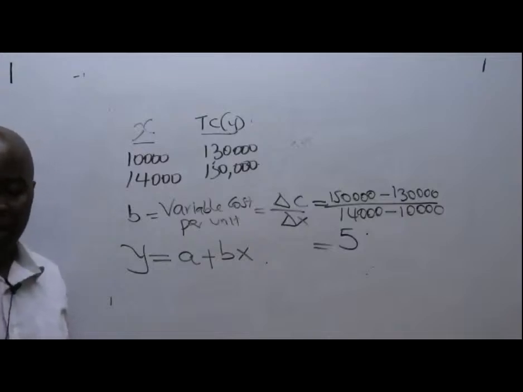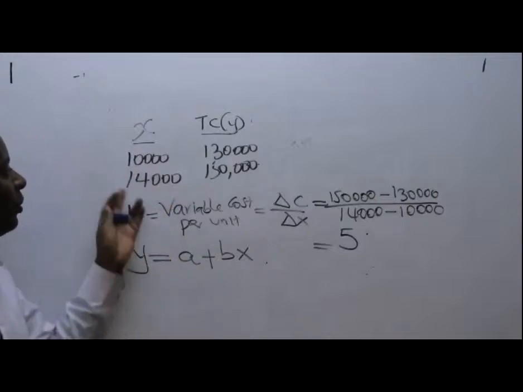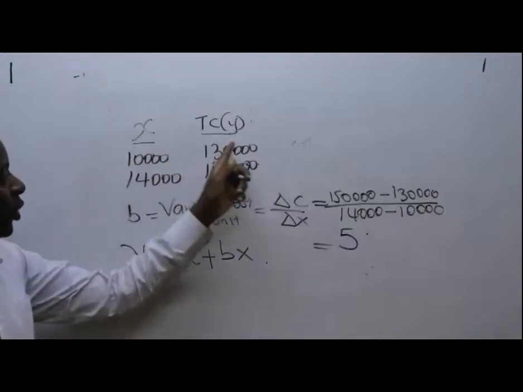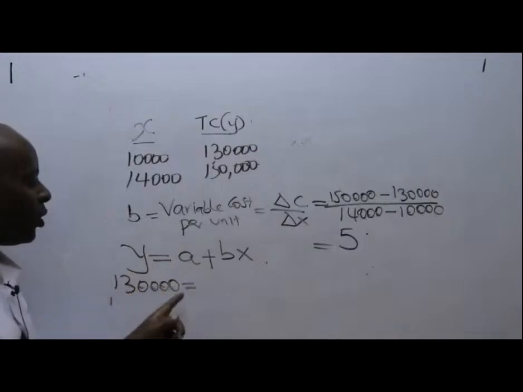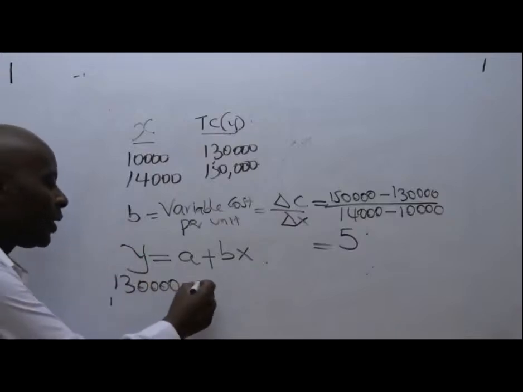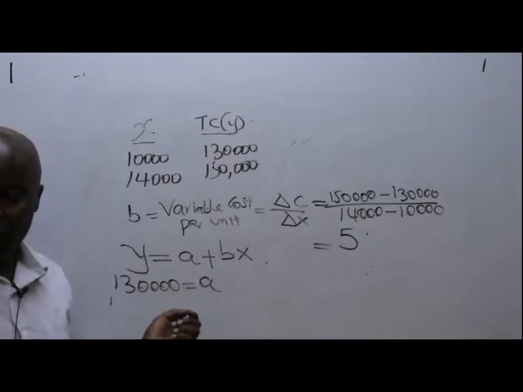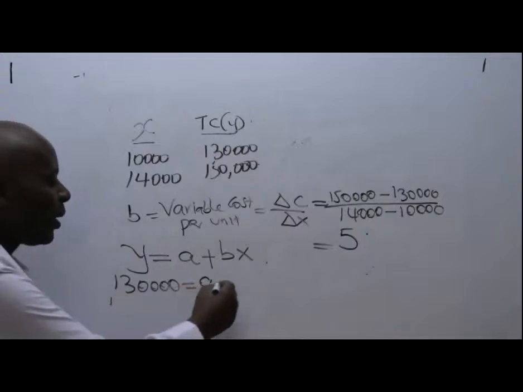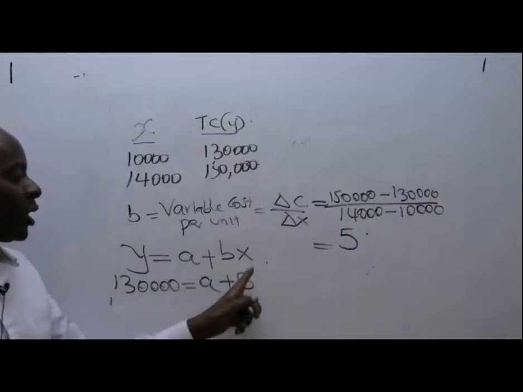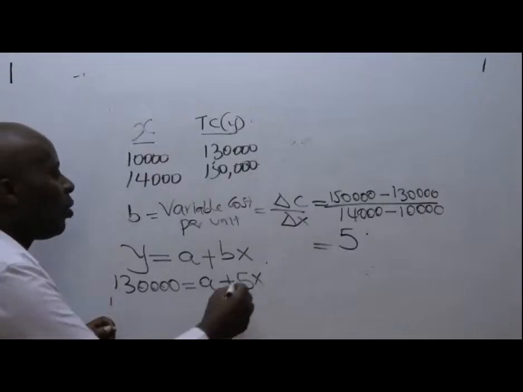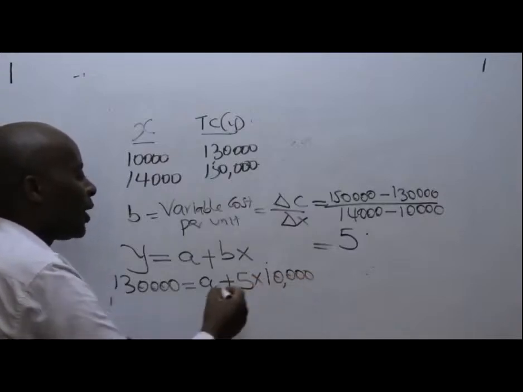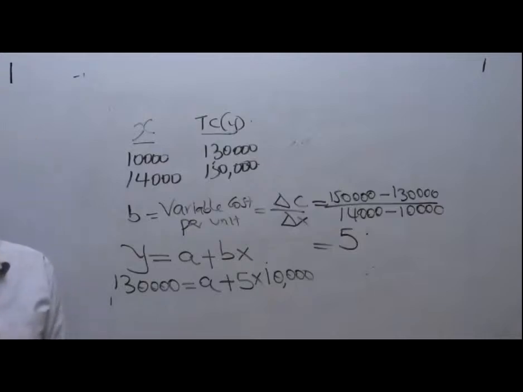You pick any of the two points. For the first one, my y is 130,000, which will be equal to a, the fixed cost that I don't have, plus b that you have just obtained, which is 5, times x for the first point, which happens to be 10,000. So kindly give us a. a will be equal to what?